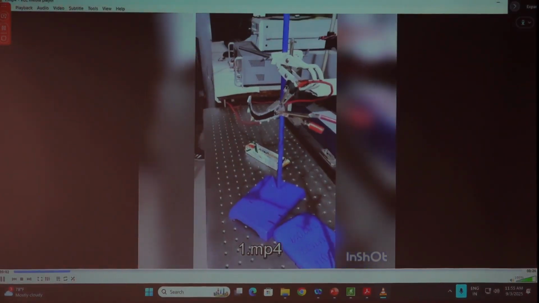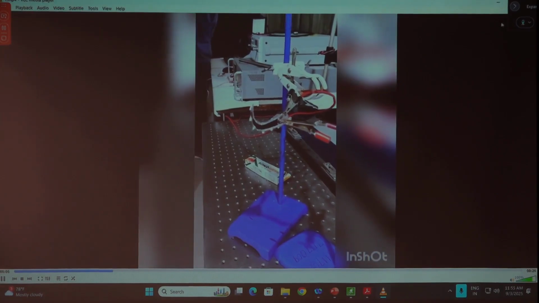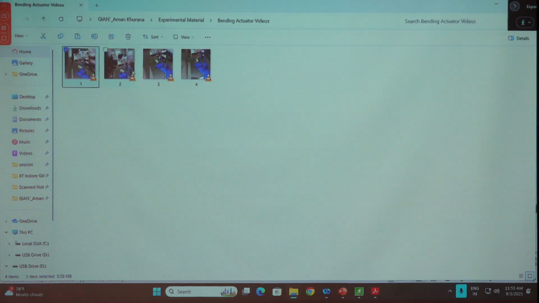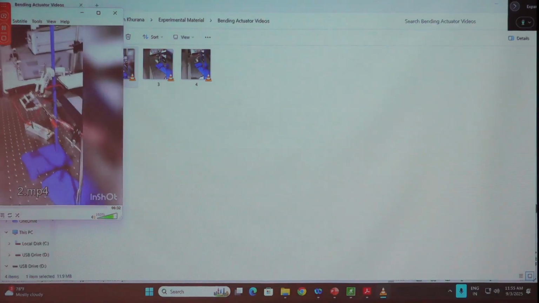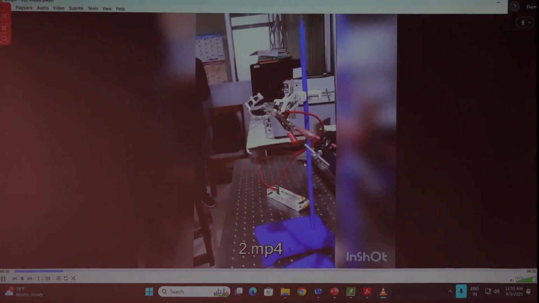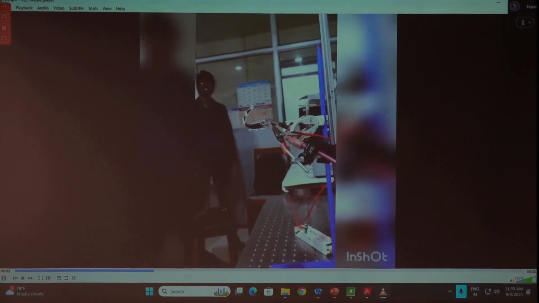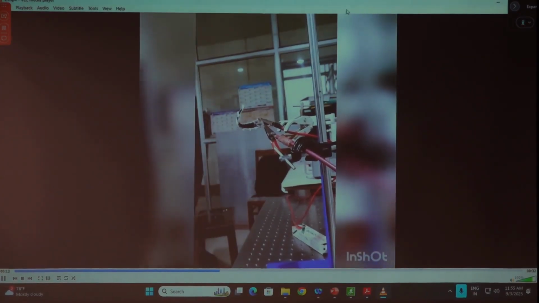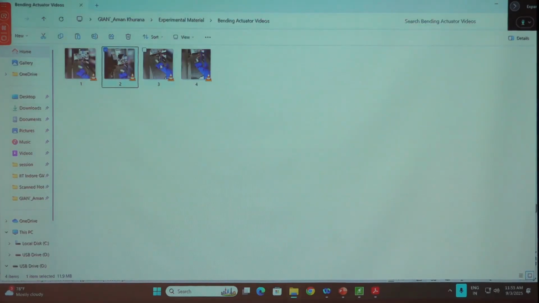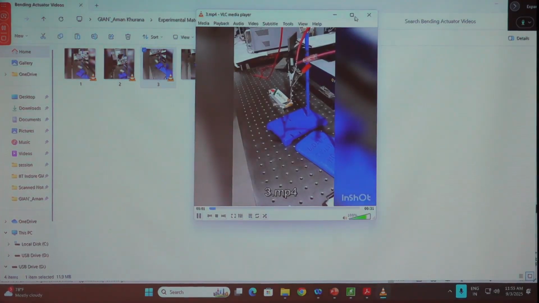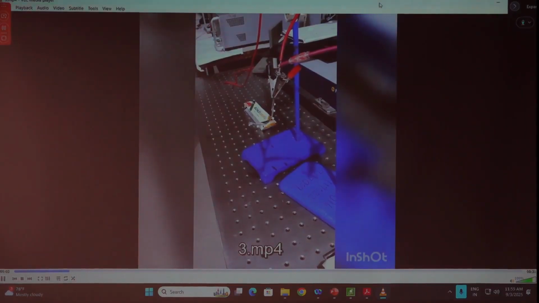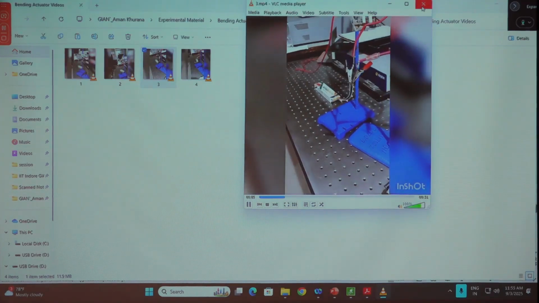So this is at a very low frequency range, okay? You can see. This is the simple bending actuator that we have developed.